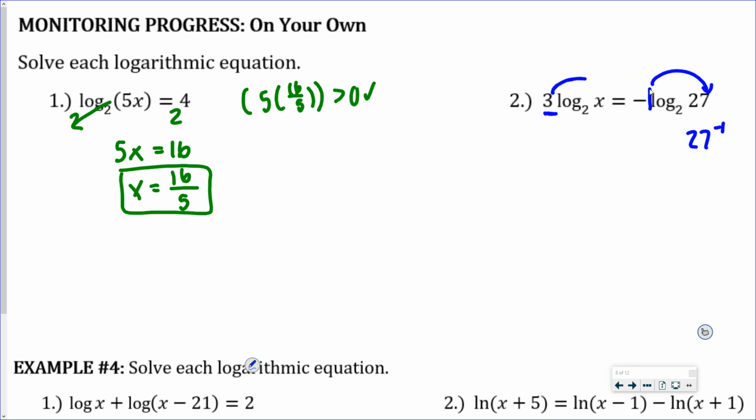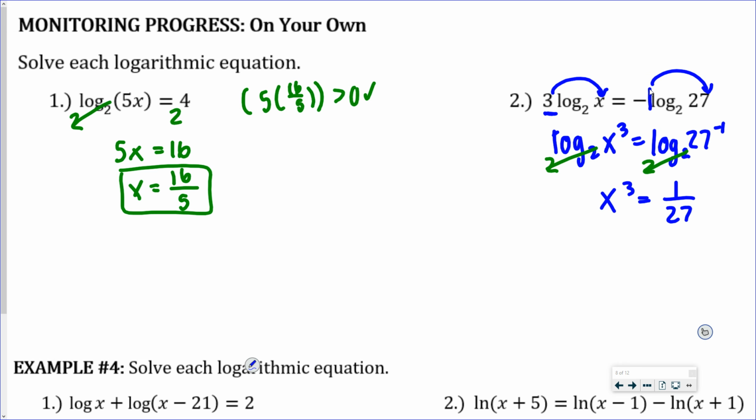Okay, 1/3. Anything that's in front, you have to put as powers. Otherwise, you can't exponentiate both sides. So x cubed is 27 to the negative first. Then you can, once you have no numbers in front.